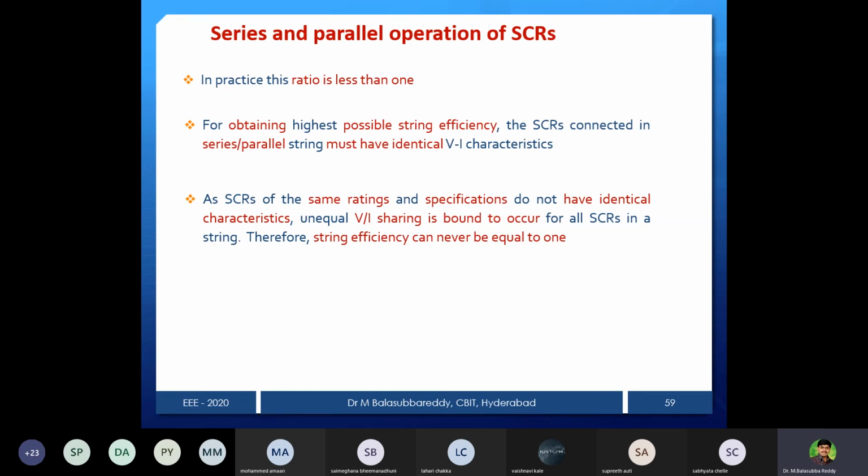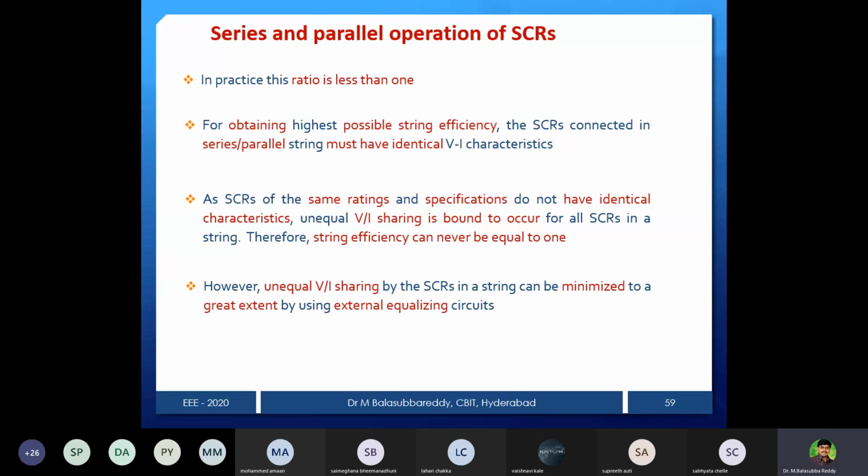Therefore, string efficiency is never equal to 1. So, to make it equal, what do we need to do? That is the next question. Unequal voltage or current sharing by the SCRs in a string can be minimized to a great extent by using an external equalizing circuit. So the problem is why unequal voltage or current sharing takes place, and to make it equal, what do we need to do?